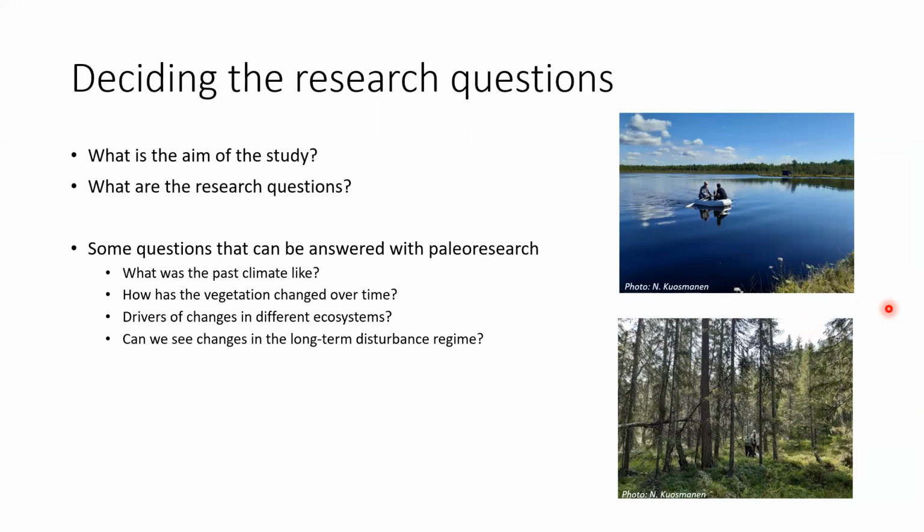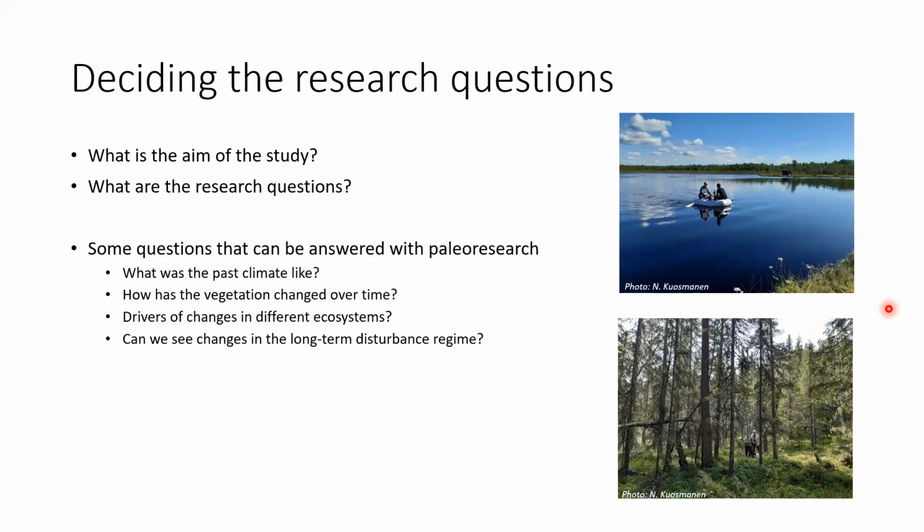There can be as many as you can come up with, but here are some related to the course topics. So for example, what was the past climate like? How has the vegetation changed over time? Drivers of changes in different ecosystems. Can we see any changes in long-term disturbances?